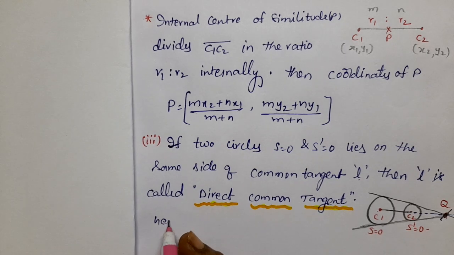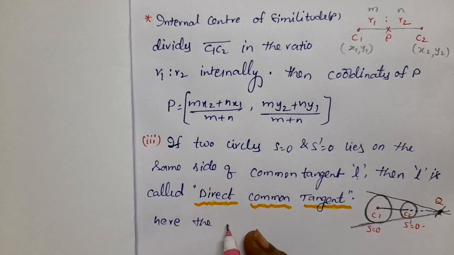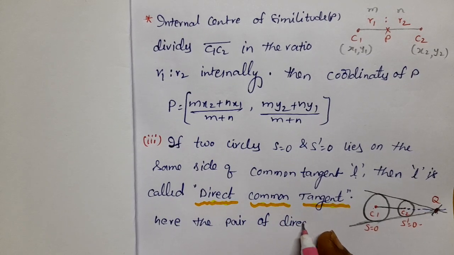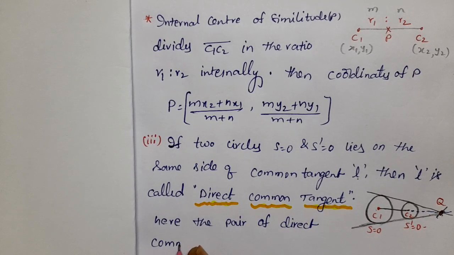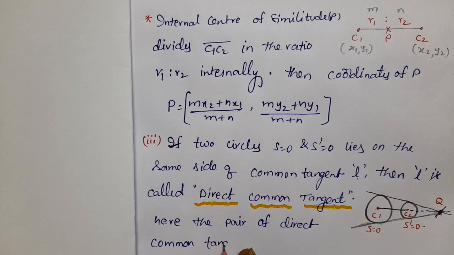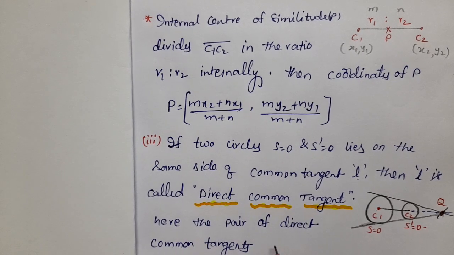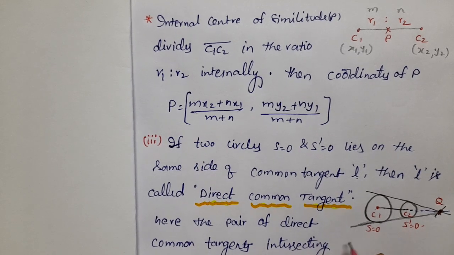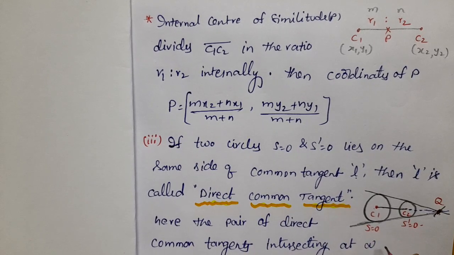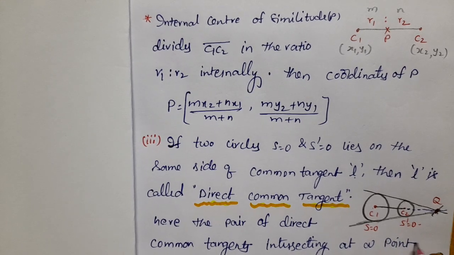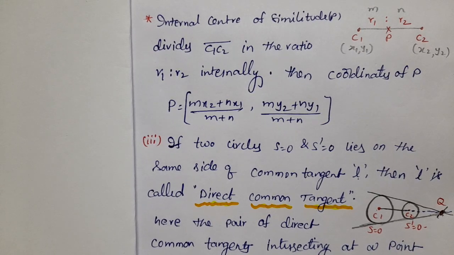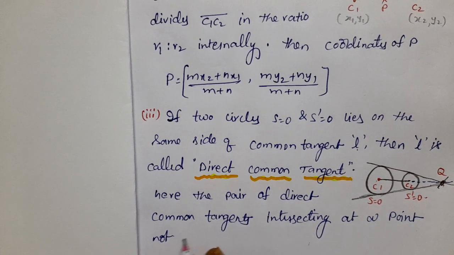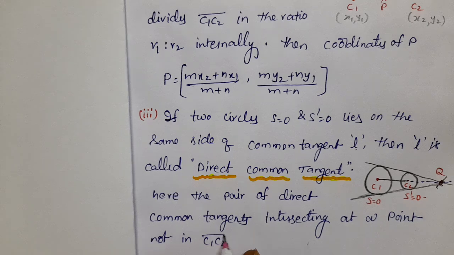Here the pair of direct common tangents intersect at a point not in C1 C2 bar.